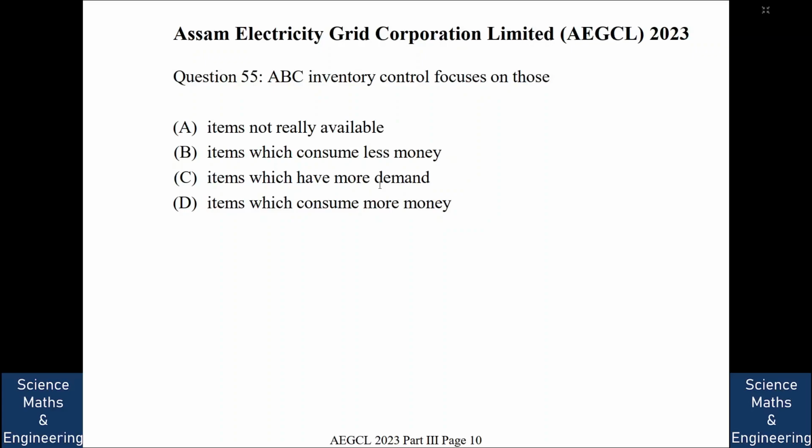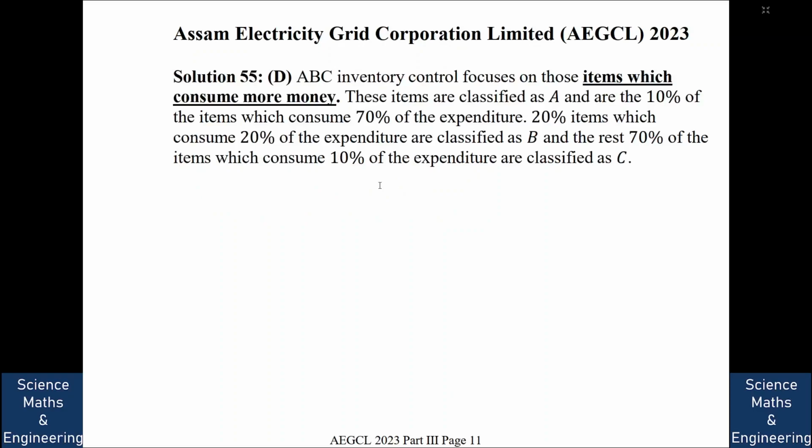ABC inventory control focuses on those items which consume more money or which are expensive.